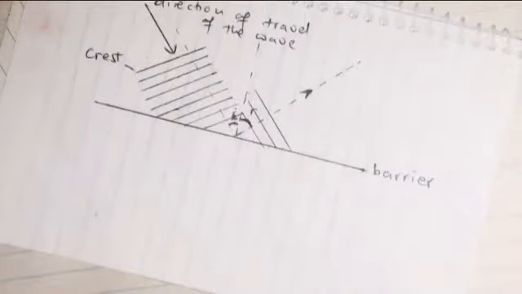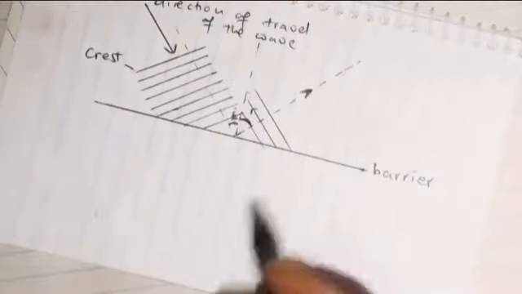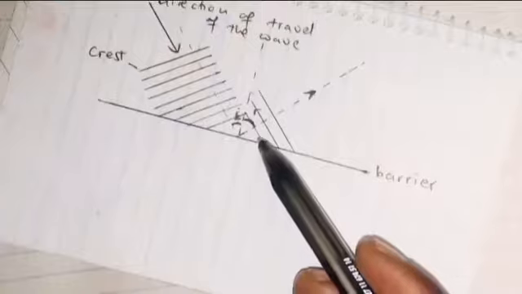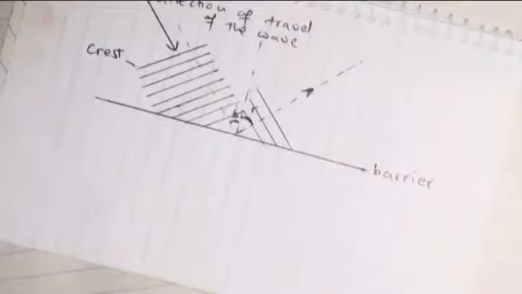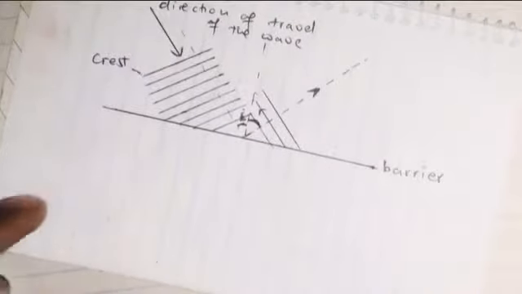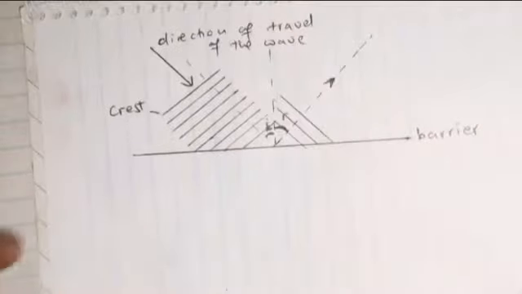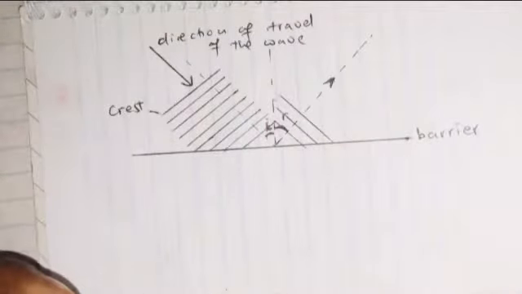The question was asking for 3 crests. So these are the 3 crests: 1, 2, 3. Then item B says that the wave has a wavelength of 36 centimeters and the speed of 1.2. Calculate the frequency of the wave.